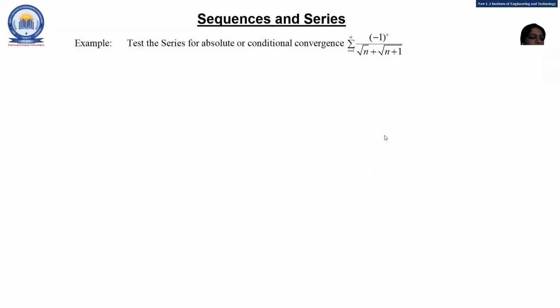Okay, so this is again for the test of absolute and conditional convergence, but this is a different kind of series. Here my nth term is (-1)^n upon root n plus root n plus 1.